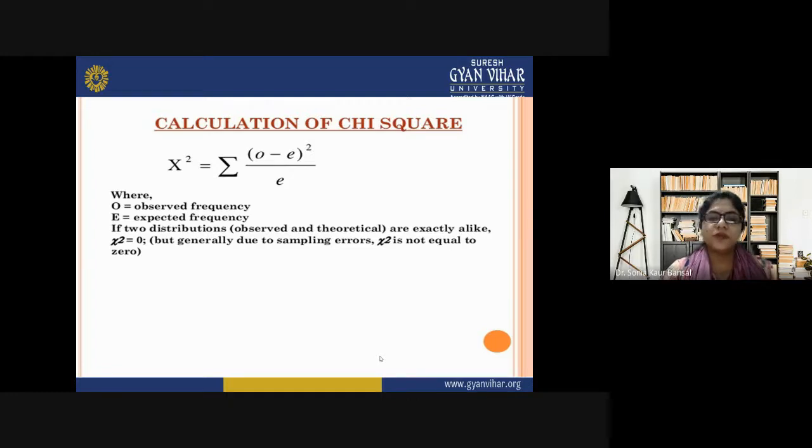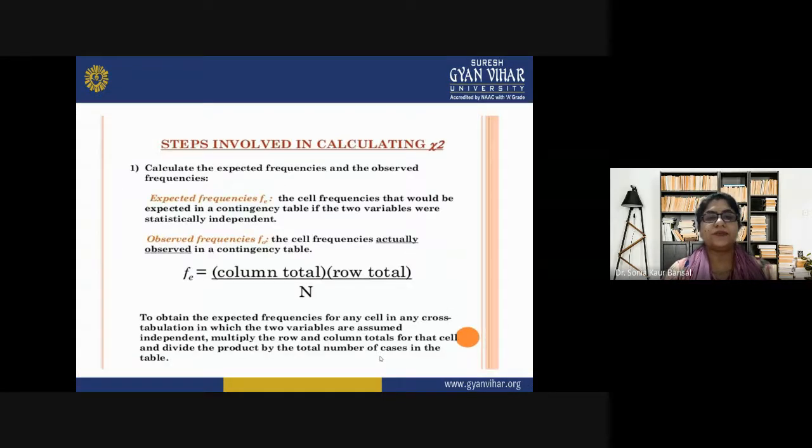If two distributions, observed and theoretical, are exactly alike, then chi-square is 0. But generally, due to sampling errors, chi-square is not equal to 0. So this has to be taken into account while calculating the chi-square.